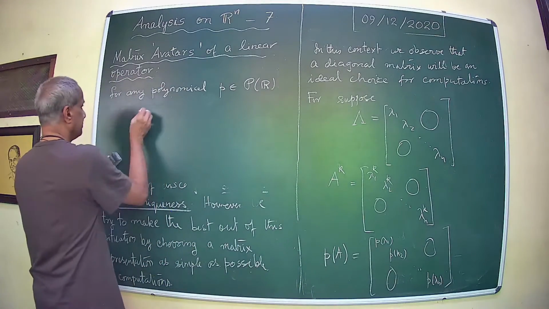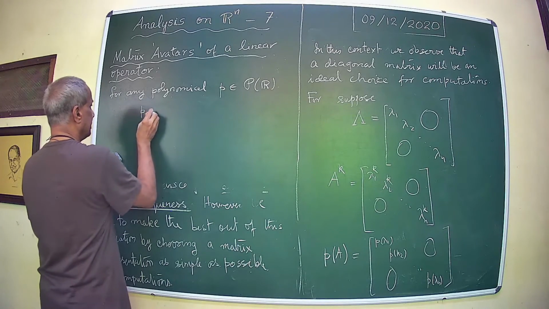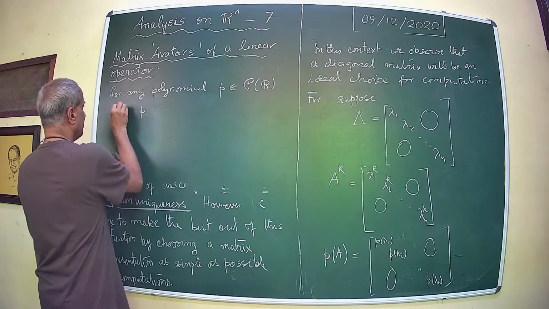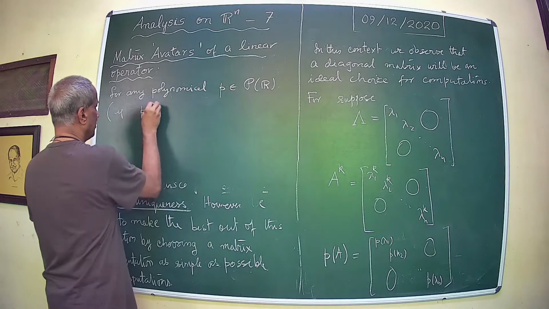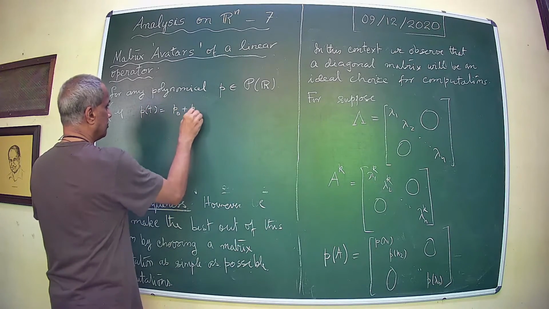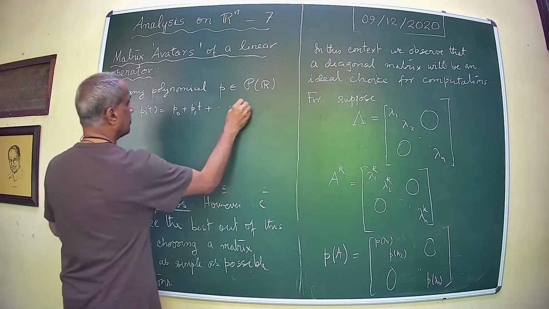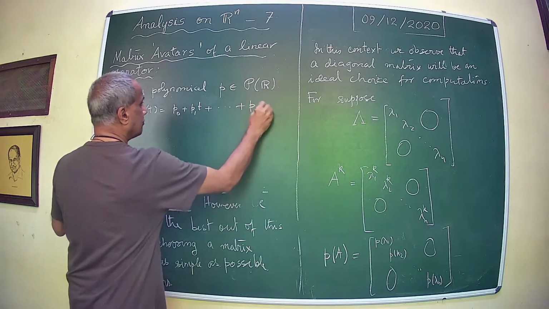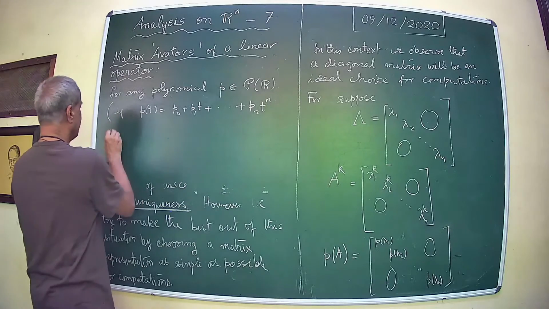We have P if P equals P naught plus, and so on, then.